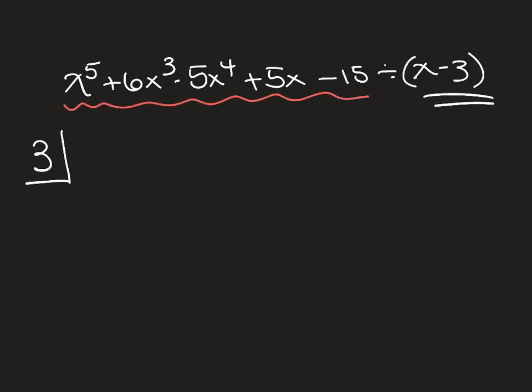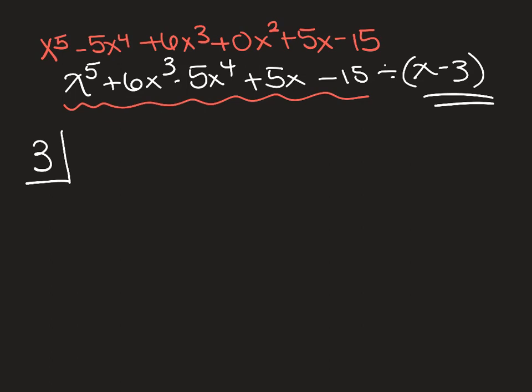So let's take care of it. It's not in order, and it's missing things. Minus 5x to the 4th plus 6x cubed plus no x squareds. There are no x squareds in this statement. Plus my 5x minus my 15. So those are the coefficients of numbers I'm going to use. So a 1, a negative 5, a 6, a 0, a 5, and a negative 15.